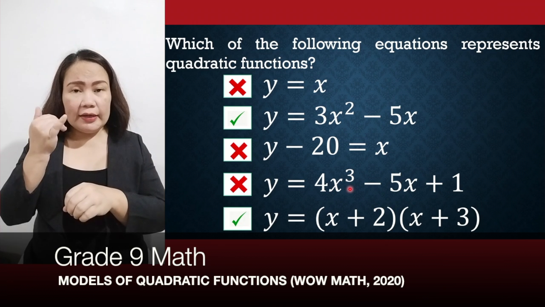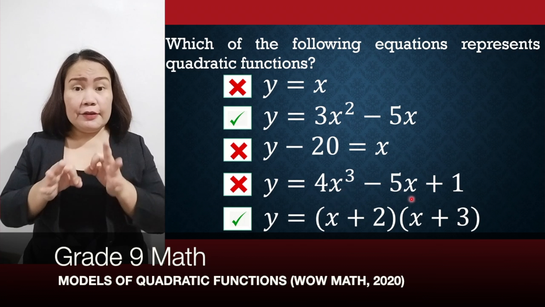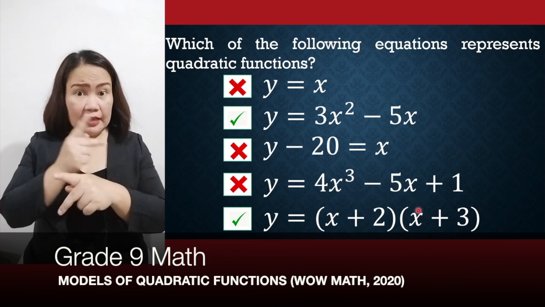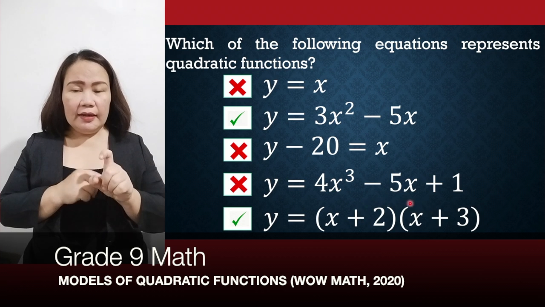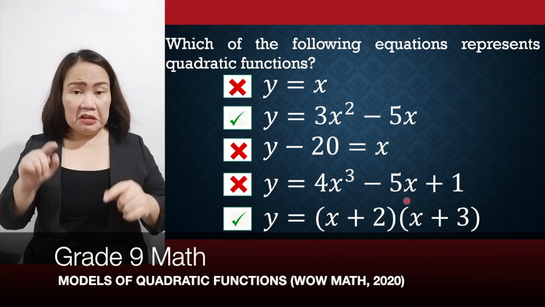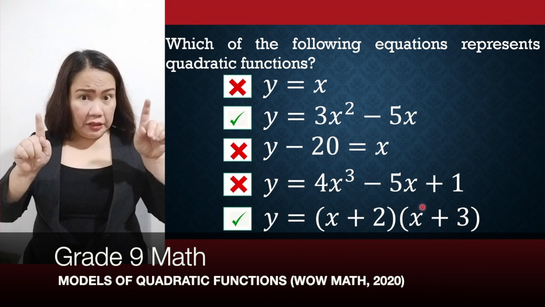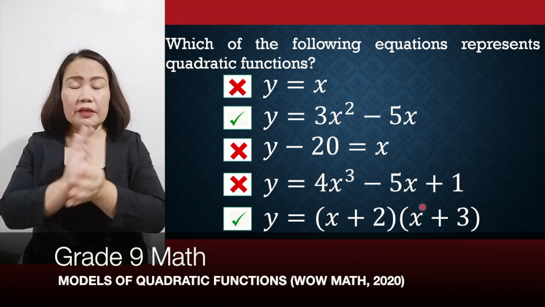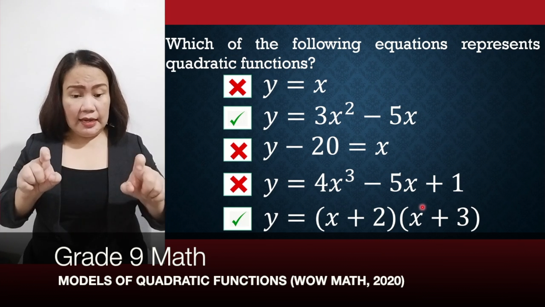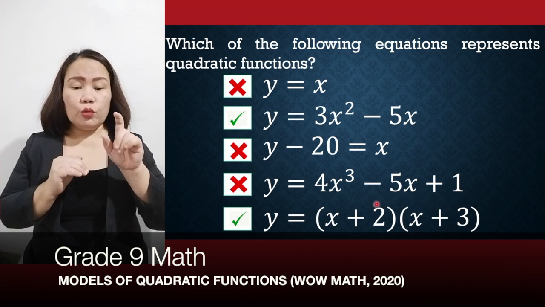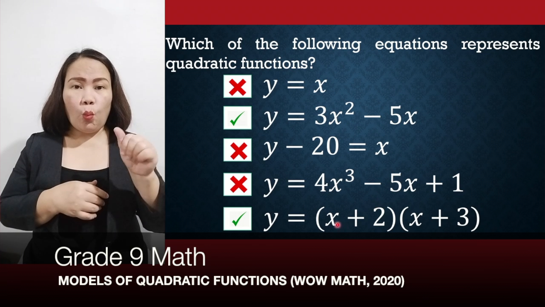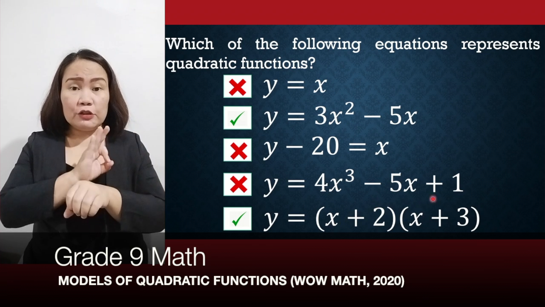Kagaya nga ng sabi ko kanina, pag nag-multiply tayo nito, magiging x squared siya. So, kapag nag-multiply tayo ng dalawang binomials na ang degree nito ay 1 and this is 1, when we are multiplying two variables with the same base, we are adding their exponents. That's why we will have 1 and 1 that will become x squared. So, this is an example of quadratic functions.